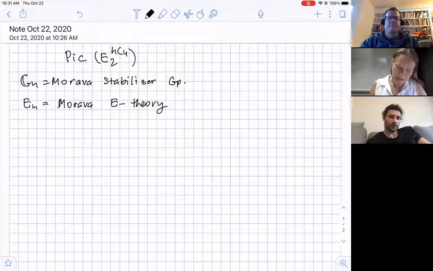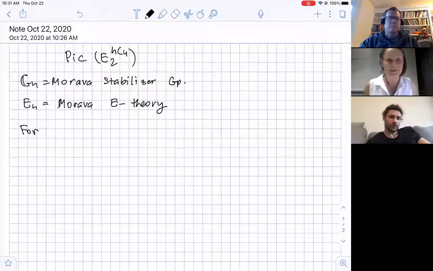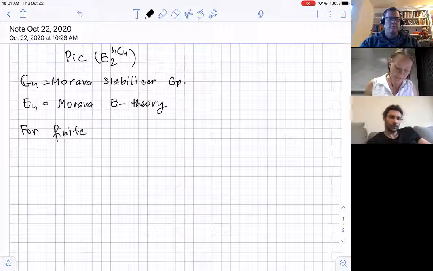If you don't know what these are, that's okay. It won't really matter for most of the tools I will be talking about. But I want to talk about, for motivation, finite groups. The Morava stabilizer group is profinite.